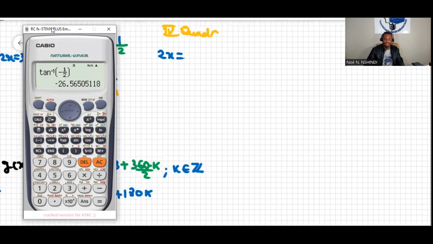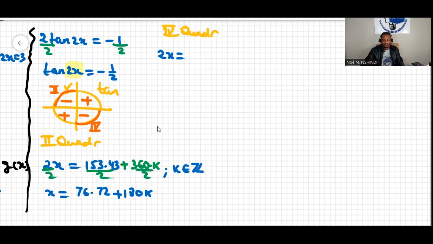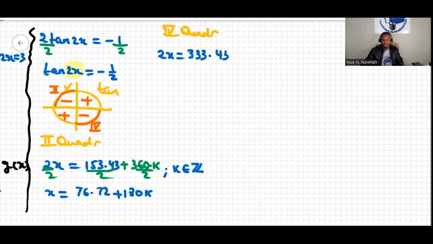Now over here in the fourth quadrant, we're going to do 360 degrees plus this number, because that value is in the fourth quadrant. So we have 333.43 plus 360k, knowing that k is an integer.